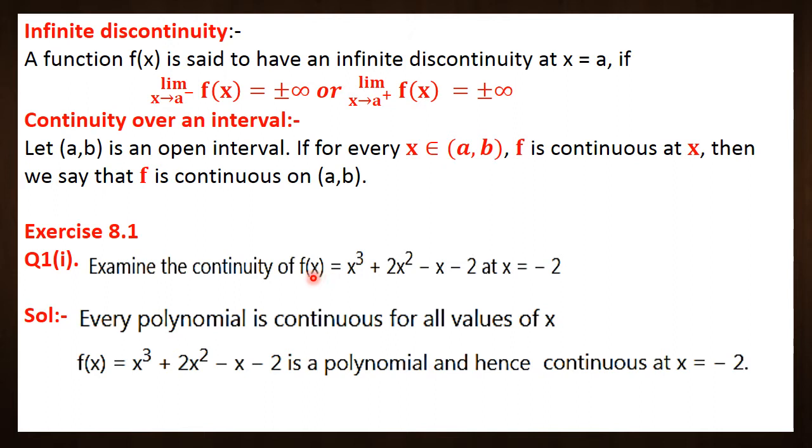Here the function is a polynomial function, and we know that a polynomial function is continuous for all values of x. So we say that f of x equal to x cube plus 2x square minus x minus 2 is a polynomial, and hence it is continuous at x equal to minus 2.